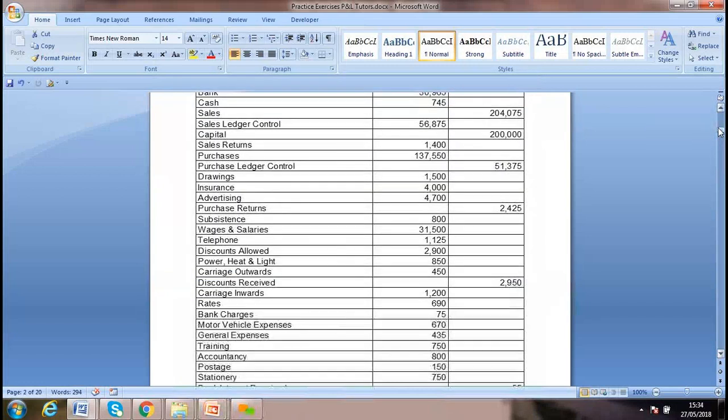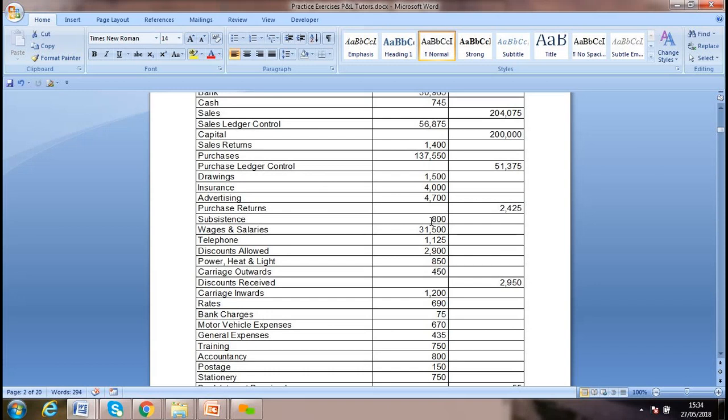Okay. So then we have subsistence, which means we subsidize, we give a discount to people on goods. Like when you work in a company and you have a discount, that means subsistence. So that's £800, an expense for a business.